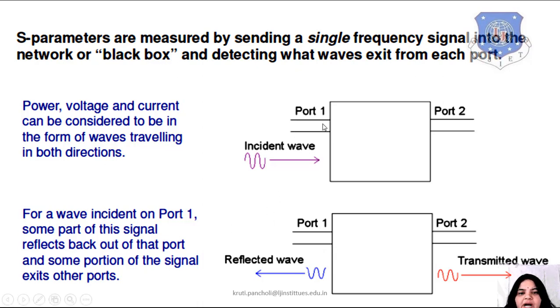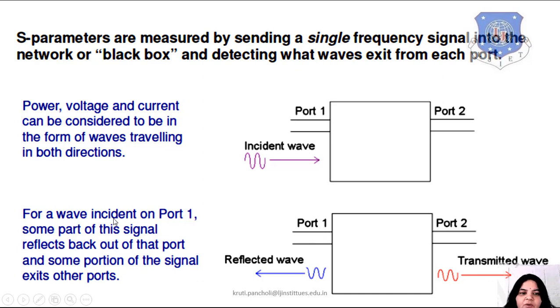So port 1 incident wave, port 1 reflected wave, port 2. Here you are transmitting from port 1. Sometimes you have the output at port number 2, and this is your transmitted wave.